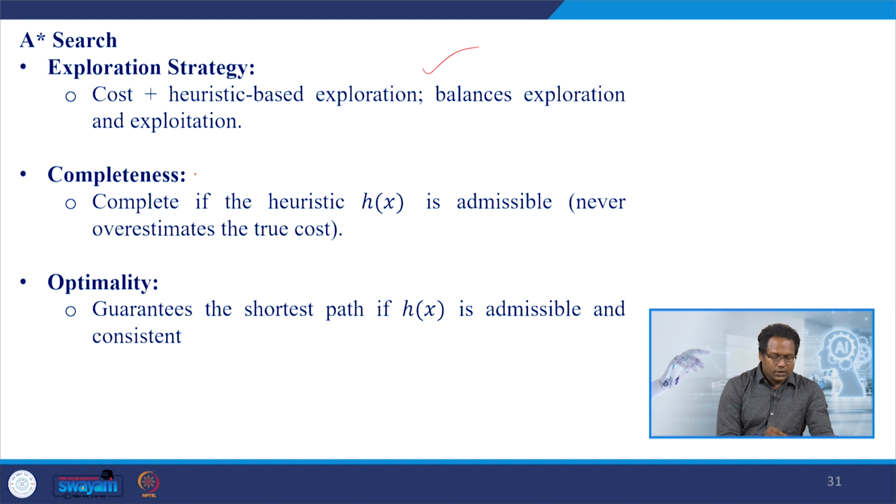Coming to the completeness metric, we can say that it is complete if the heuristic h of x is admissible, that is, never overestimates the true cost. And coming to the optimality metric, it guarantees the shortest path if the heuristic h of x is admissible and consistent.